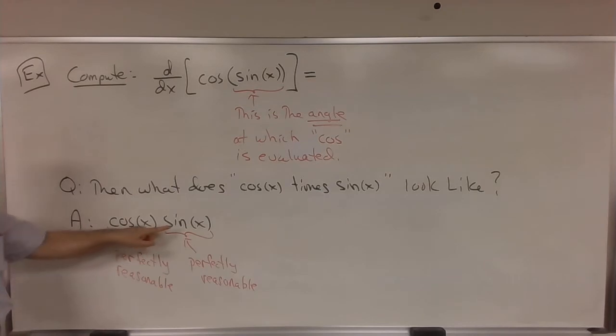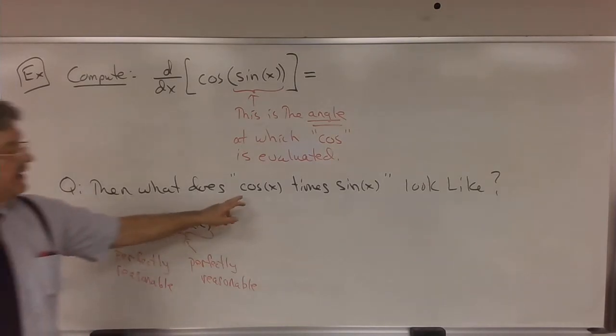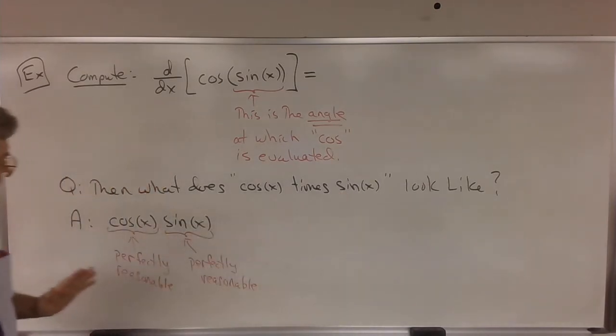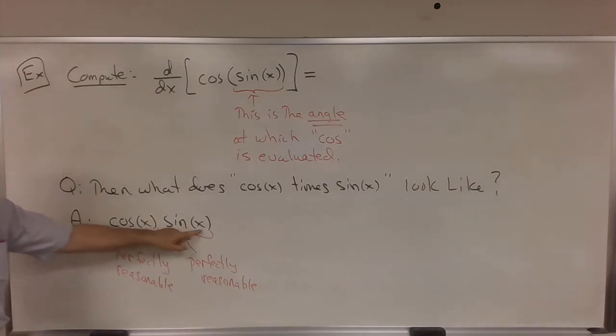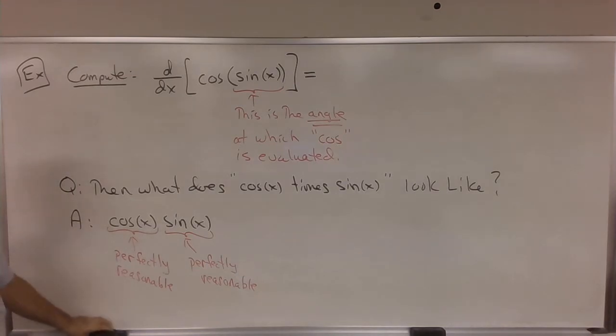Each one of these things by themselves makes sense mathematically. So cosine of x times sine of x, if it's multiplication, this is what it looks like. Cosine with its own angle times sine with its own angle. Okay, we got all of that taken care of.